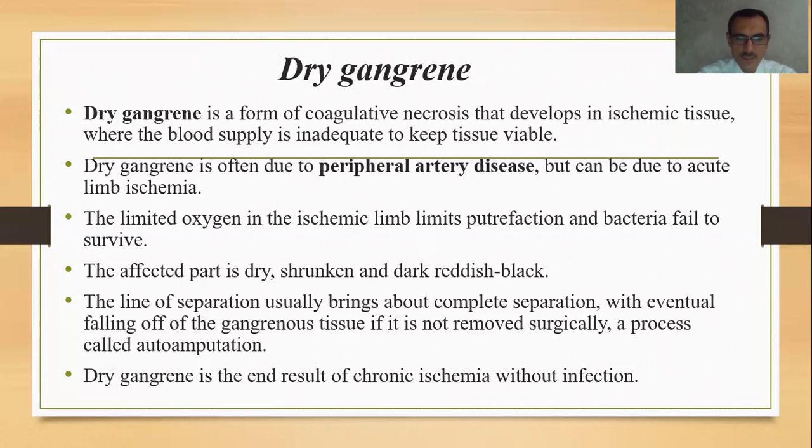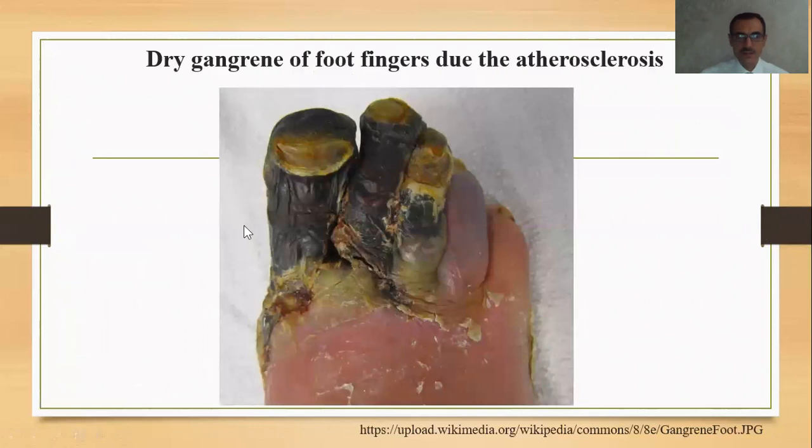The line of separation usually brings about complete separation with eventual falling off of the gangrenous tissue. If it is not removed surgically, it is a process called autoamputation. The dry gangrene is the end result of chronic ischemia without infection. This is the figure of the dry gangrene of foot fingers due to atherosclerosis.